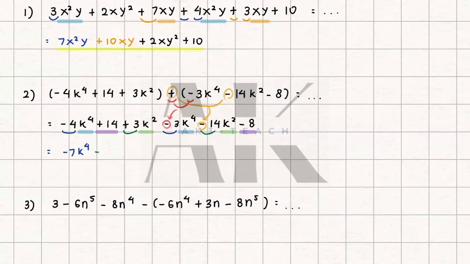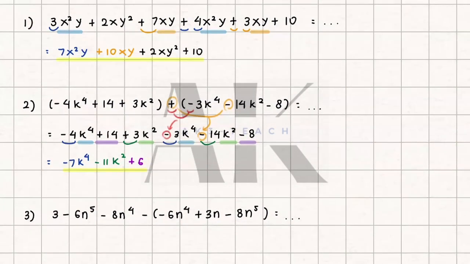So I end up with that. What else do I have? I have the purple one, plus 14 minus 8. So that gives me this. If everything is already covered, now this becomes the final answer for our second practice question. Easy enough, right?